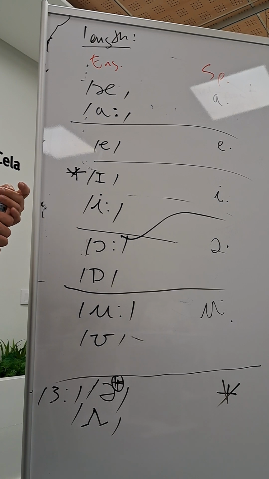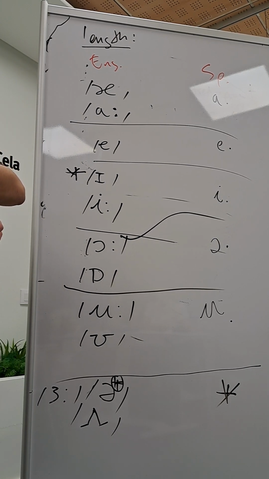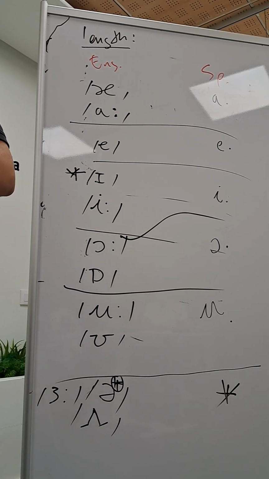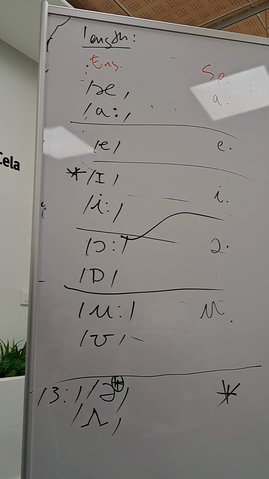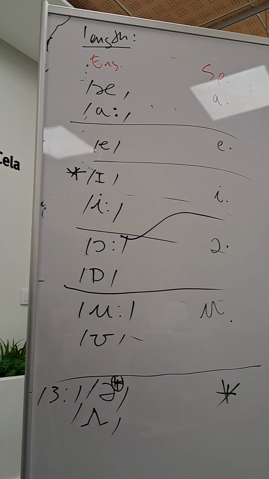That's not a minimal pair, but come up with minimal pairs as an idea to explain that. Cat and cart, for example. Things like that.